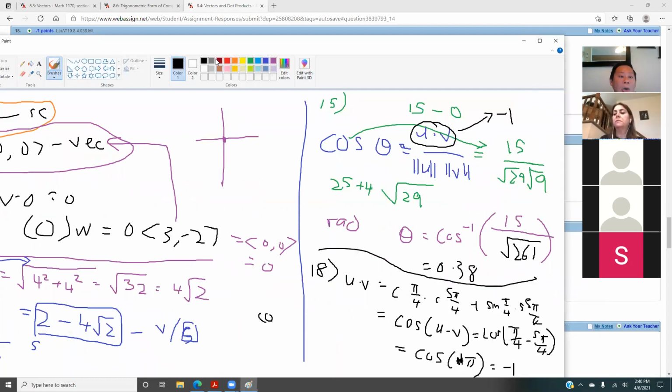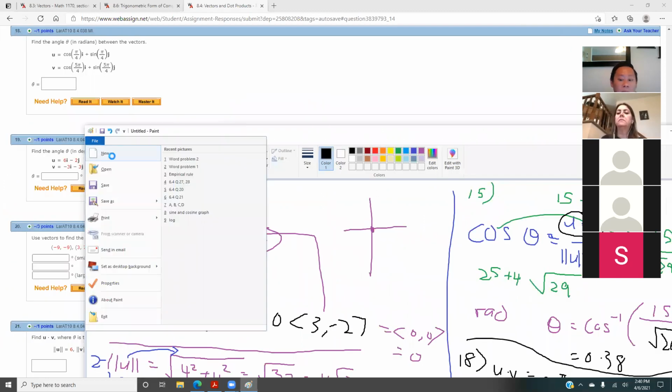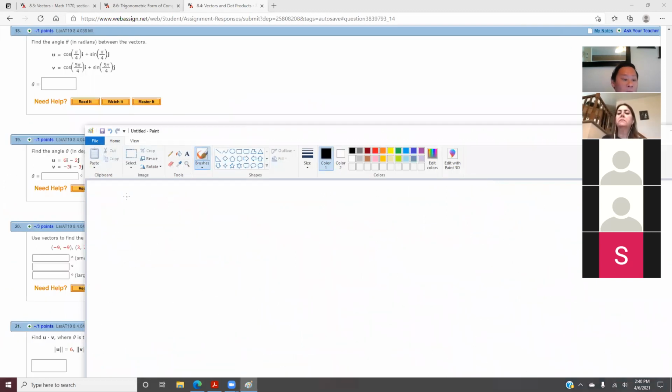So we found the top one is -1. Don't forget this equals cosine theta. Then we do the square root of this squared plus that squared.